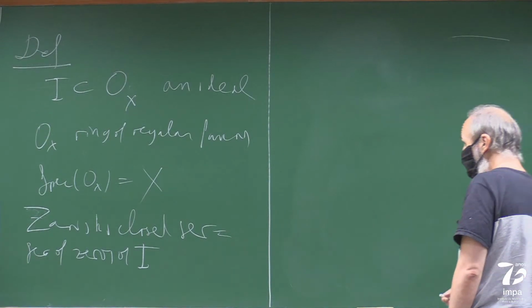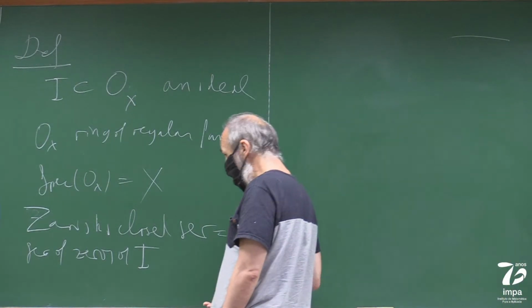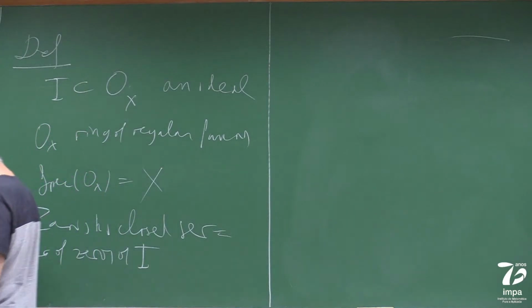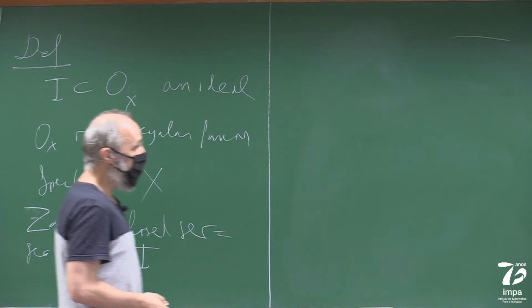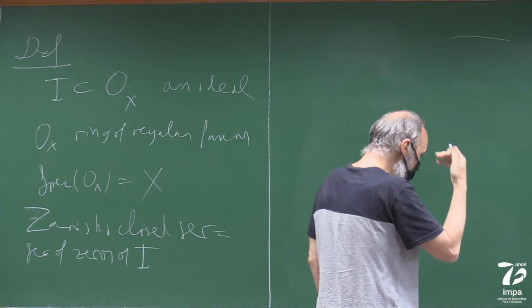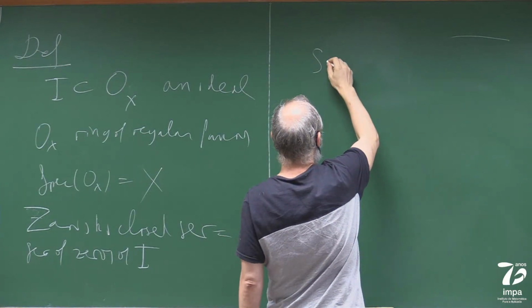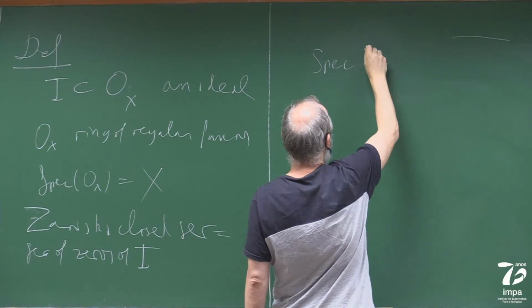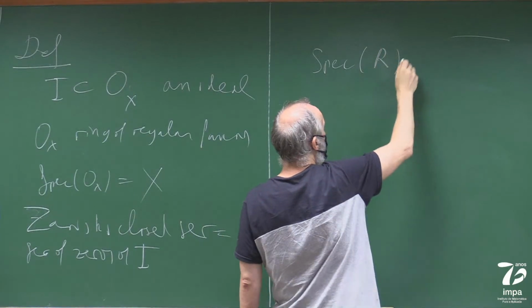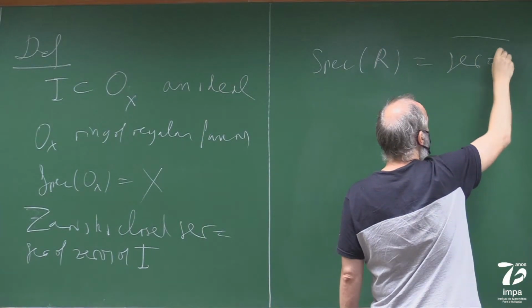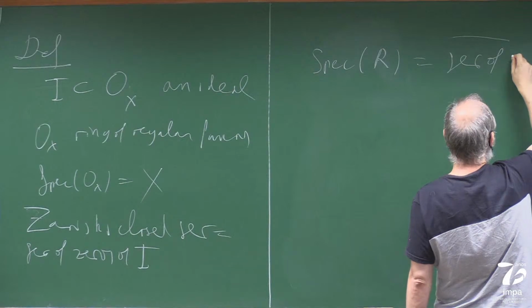However, if you do what Grothendieck suggested, you don't restrict yourself to maximal ideals. You also take prime ideals. So the usual spectrum, not the one which I defined, but the classical algebraic geometry spectrum, is the set of all prime ideals. I won't use this, but it's important.